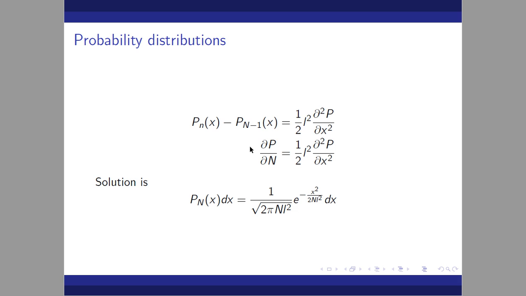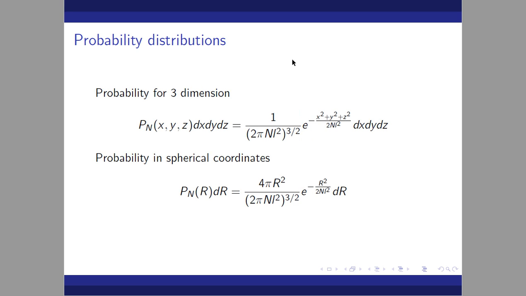And the solution for this heat equation, from our math methods or advanced math methods, is Pn(x) dx equal to 1 over square root of 2 pi n l squared, exponential minus x squared over 2 n l squared, dx. So that is the solution for this heat equation.